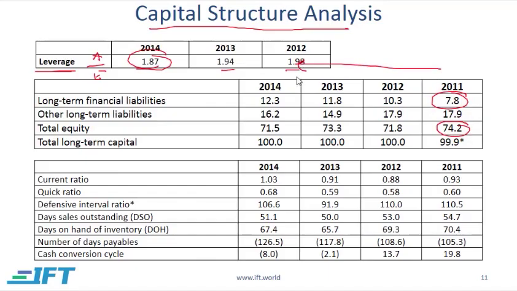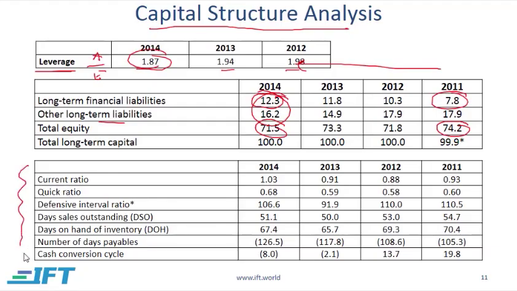Over time, the long-term financial liabilities are going up and equity is going down. So equity is 71.5% of total capital, and the financial liabilities and other long-term liabilities are becoming a higher percentage of the capital structure. So in that sense, the company is becoming a little more risky.